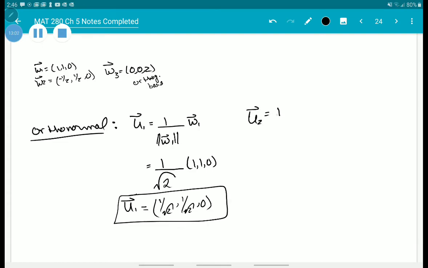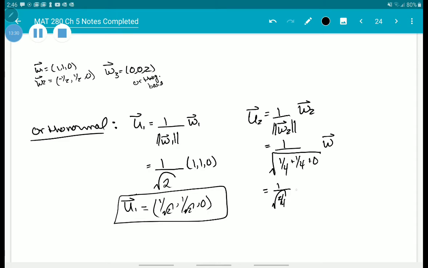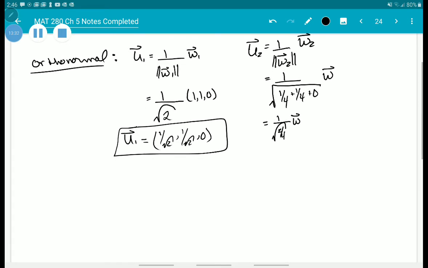U2, we're going to normalize it. So it's going to be negative 1/2 squared plus 1/2 squared plus 0 squared. So this is 1 over the square root of 2/4 times W, which is 1 over the square root of 2 over 2.